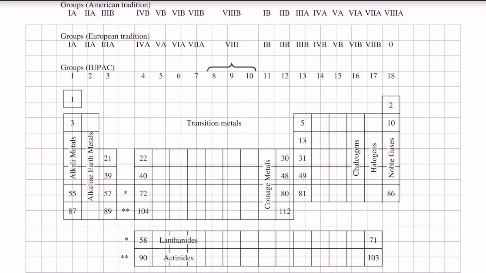Well, the International Union of Pure and Applied Chemistry, which we can call IUPAC in short, has recommended that the groups be numbered 1 through 18. In this course, we will use primarily the IUPAC group numbers, and some sections of the periodic table have traditional names.